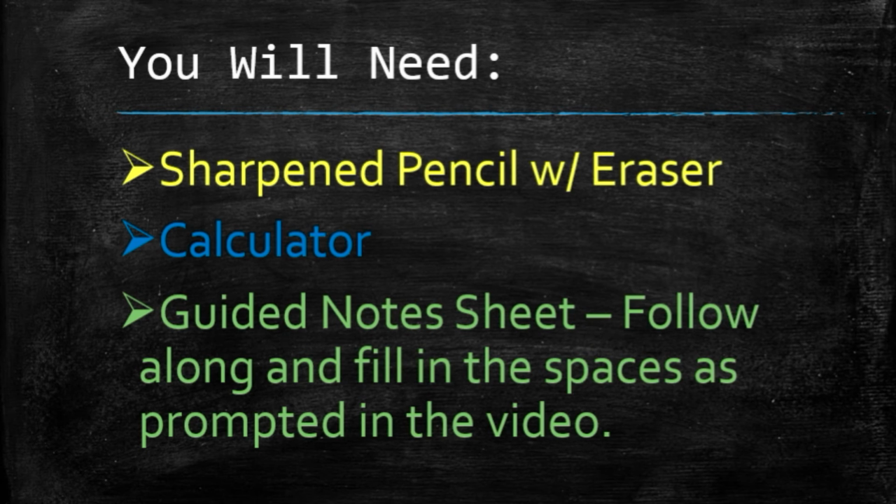Once that's completed, let me know, and you can earn 2 chips for completing your guided notes sheet properly. If you need to, in order to get your supplies ready, if you're missing any of these things, please pause the video and get everything that you need and come back and resume the video.